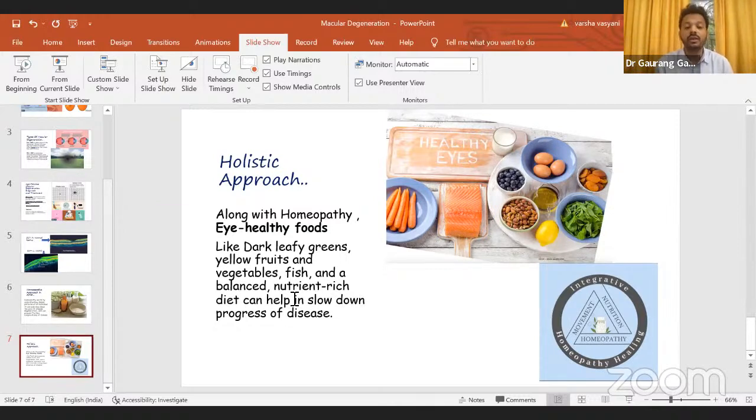When they are done together with homeopathy, it is beautiful. That is the best chance of healing for the person. Depending on the individualized case, maybe it's an ophthalmic case, depending on your constitution, we will suggest a particular nutrition plan for you, which will go in tandem with the homeopathy.